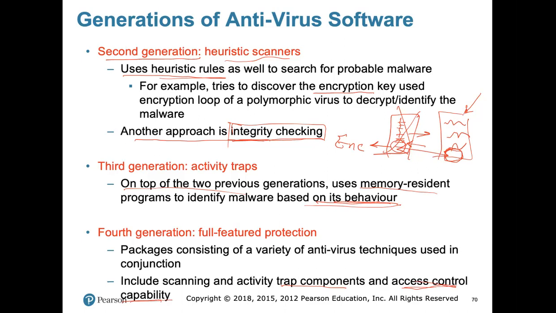When a single user logs in, there might be multiple files, but not all of the files should be shared or available to all processes. Some of them should be protected from being accessed by some of the processes. This is called access control capability, where we talk about the ideas and methods of access control. There are, of course, many ways to do that. I'm not talking about how we do it, but the fourth generation of antivirus systems try to implement some access control.